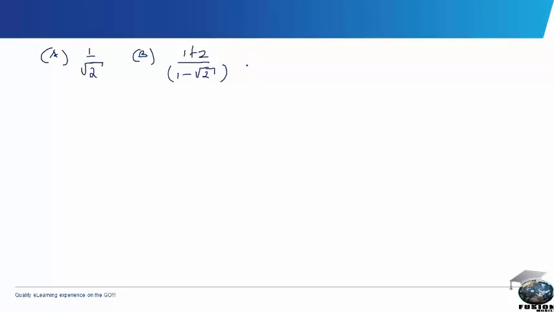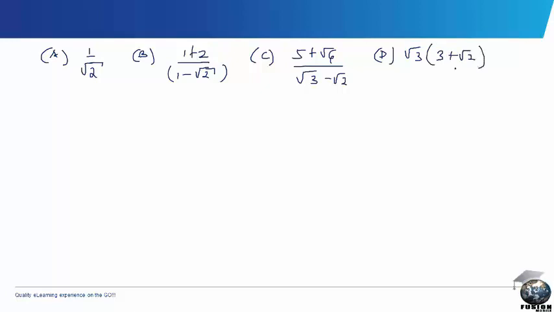Alright, and then maybe you're given c, other roots as follows: c is equal to 5 plus root 6 all over root 3 minus root 2. Then let's take that we are given d, root 3 over 3 plus root 2.